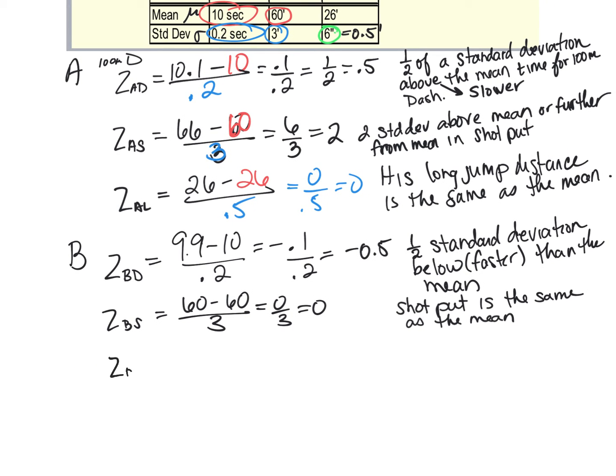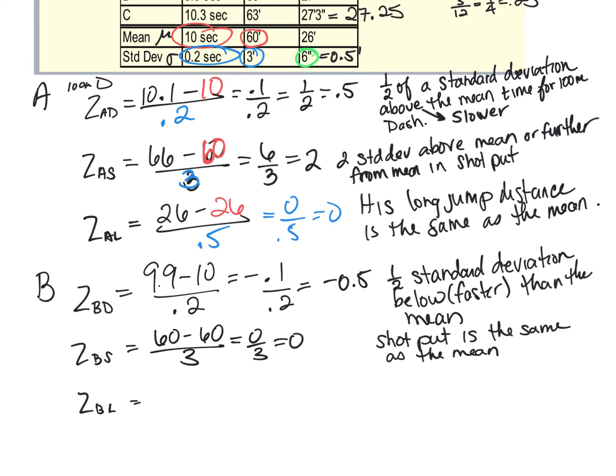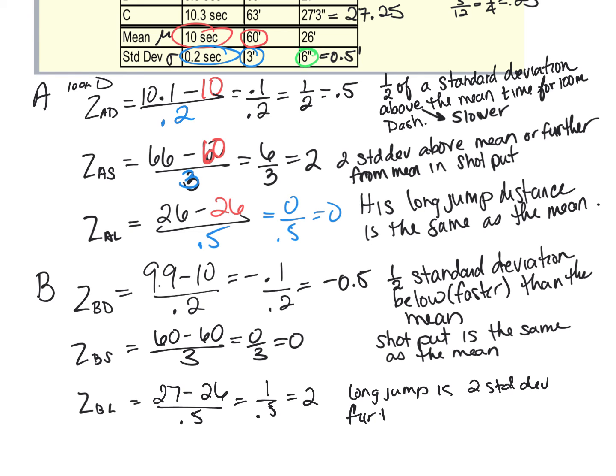And B's long jump, his was 27 feet minus the mean of 26 divided by 0.5. So that's 1 divided by 0.5, which is 2. So his long jump is 2 standard deviations further, that's above the mean.